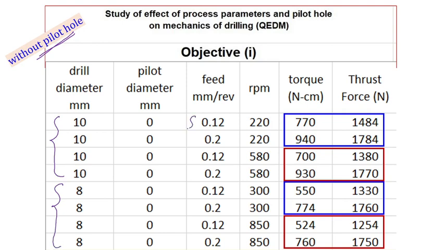If you compare this, here you have increased feed. As you increase feed, you can clearly see the forces, both the torque and the thrust forces, are going up. And it is happening everywhere. As far as effect of speed is concerned, this is the RPM. The cutting velocity is not reported.